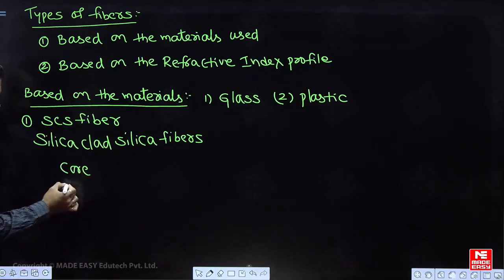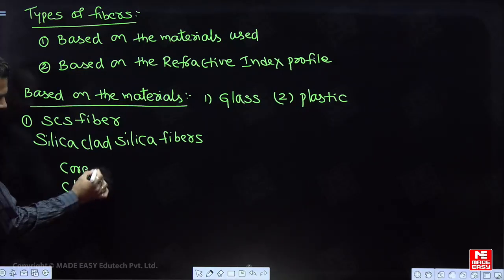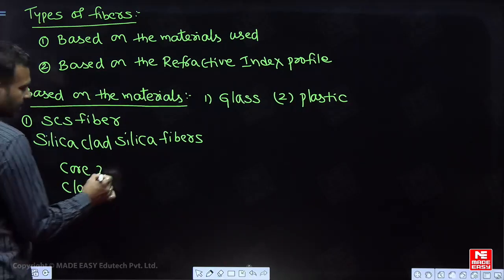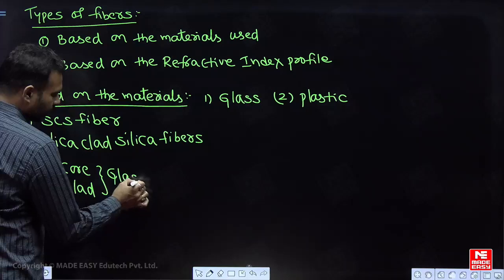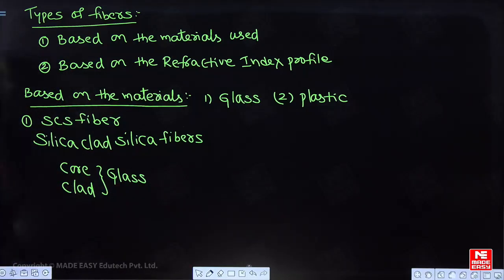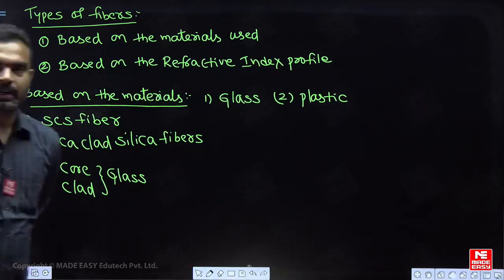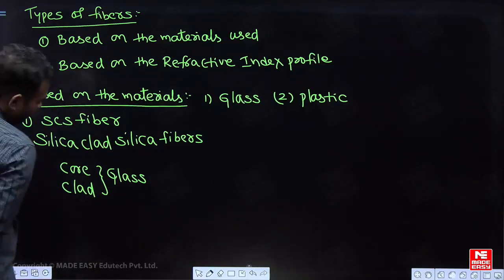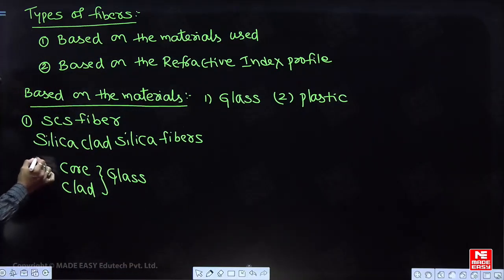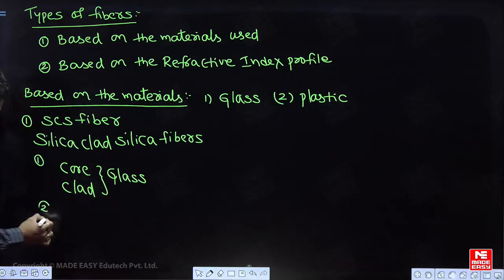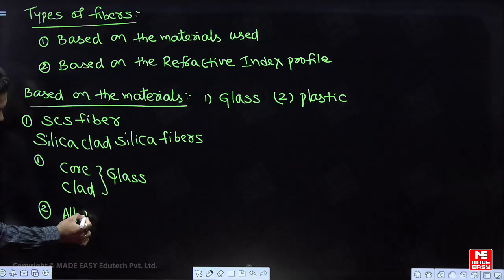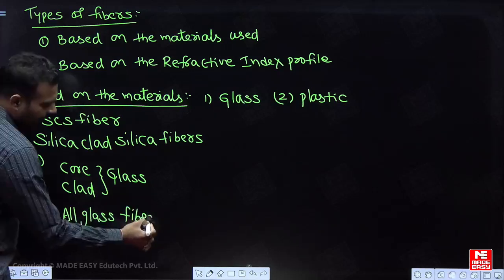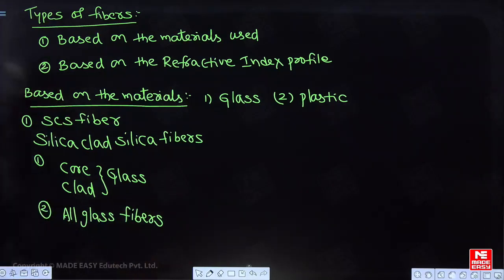Your core and your clad are both manufactured using glass, so it is also called an all glass fiber.